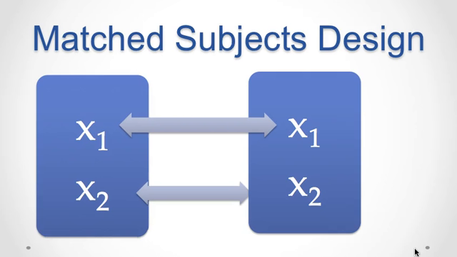In a matched subjects design, different but matched participants are observed in each treatment, and scores from each matched pair of participants are compared. We can obtain matched pairs in one of two ways: experimental manipulation or natural occurrence.